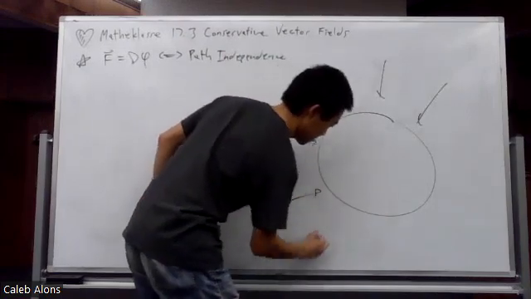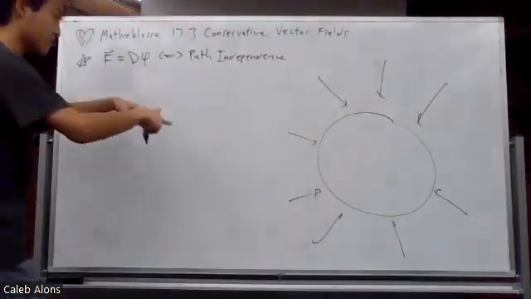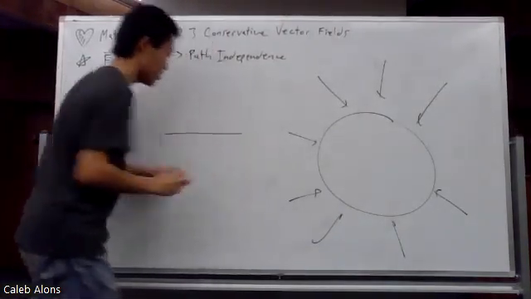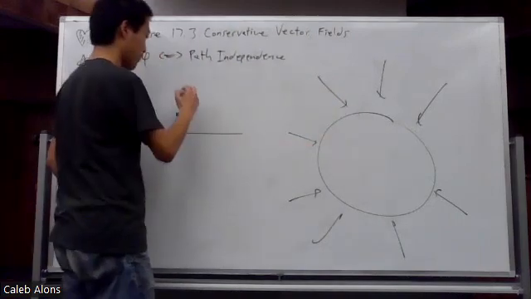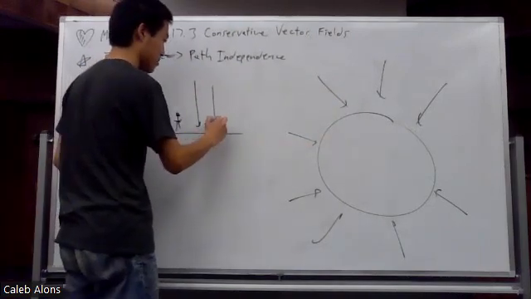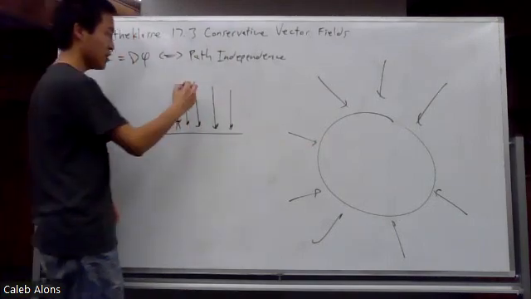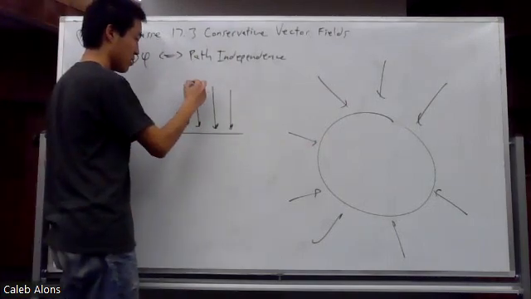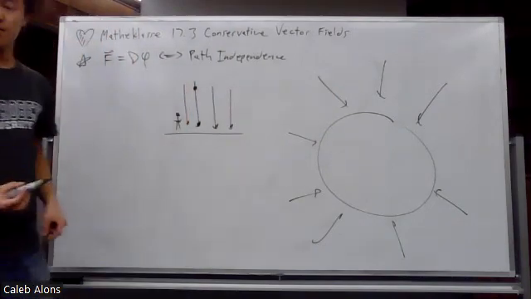But when you're standing on the surface of the earth, on the micro scale, the field is just going to look like this. So the difference between being up here and being down here, you're working against the field.